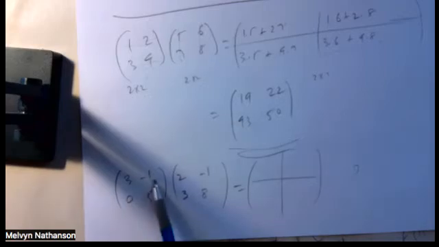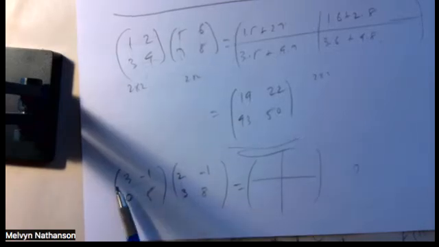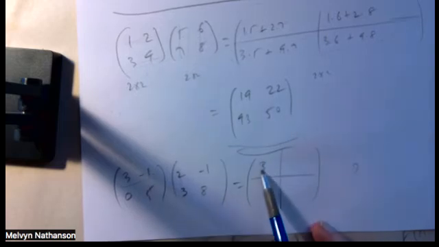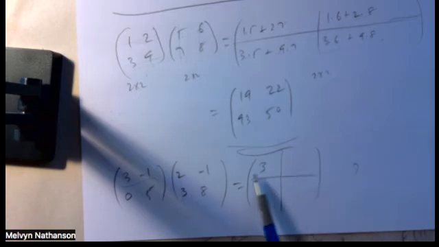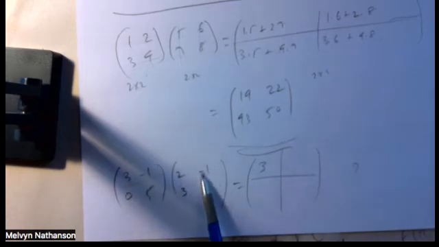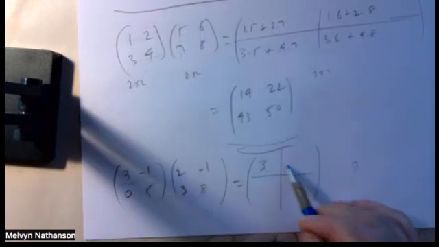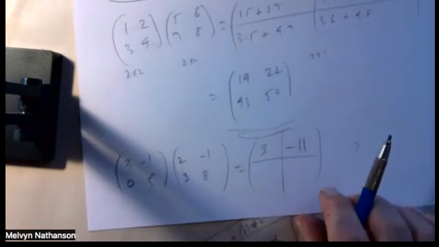You multiply this row into this column, you get 3 times 2 is 6, minus 3 is 3. For the first row, second column, you multiply this row into this column, you get minus 3 minus 8, minus 11.